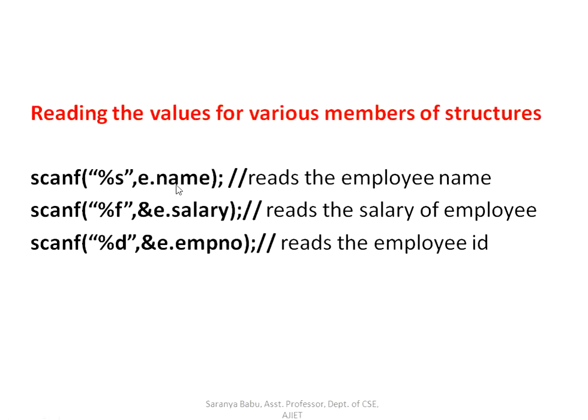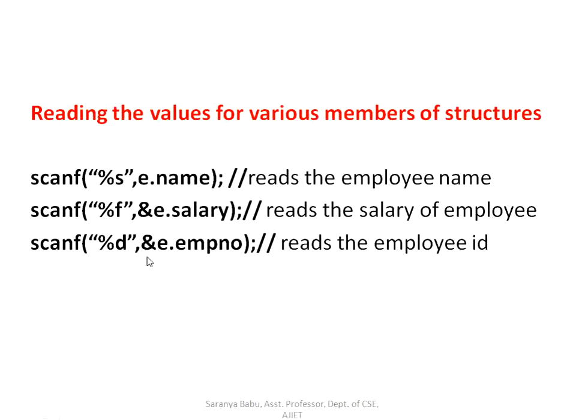If there are multiple variables, for example employee 1 and employee 2, then it is employee 1 dot name. For each employee, the structure member values will differ. So it reads the employee name. Next, scanf %f comma ampersand E dot salary reads the salary of the employee.